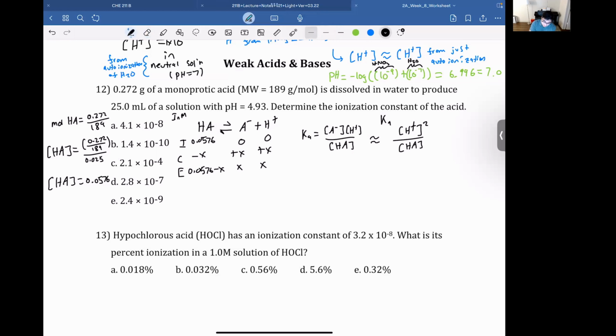So for x, well, we know the concentration of H plus is equal to x. We're also given the pH. Well, the pH is equal to the negative log of the concentration of hydrogen, right? So what we can do is go ahead and get the concentration of hydrogen. 10 to the negative pH.